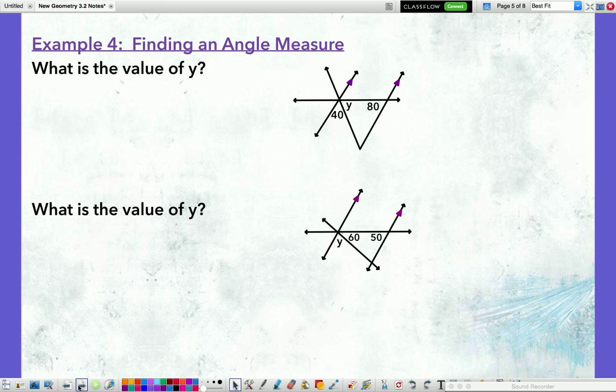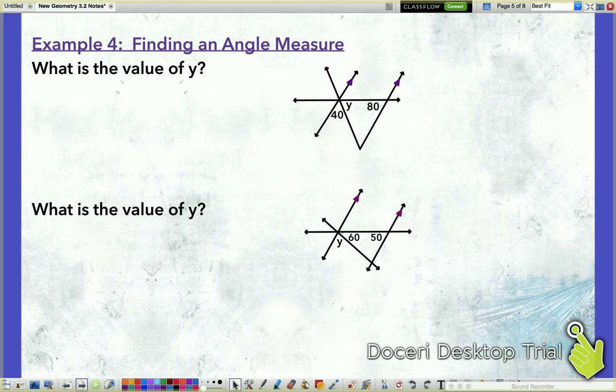Okay. Finding the value of y. This one might be a little bit more confusing, but let's think about extending these lines a little bit. Here's our parallel line, here's our transversal.